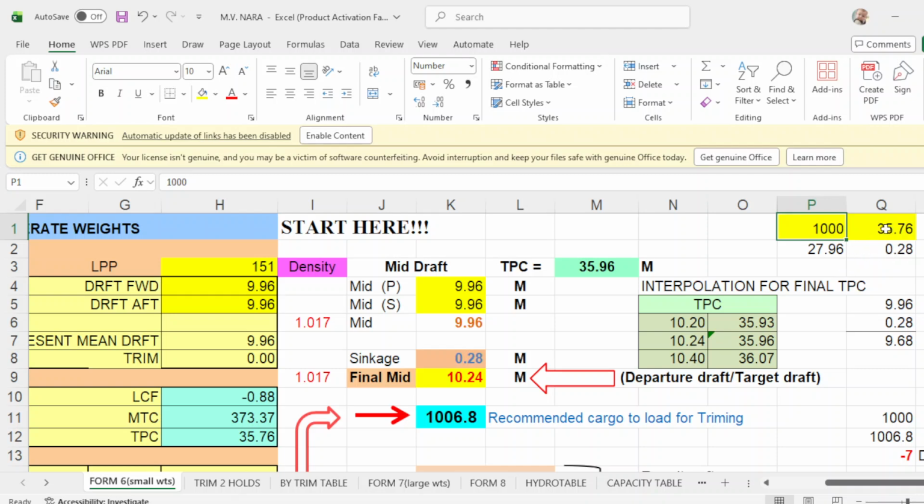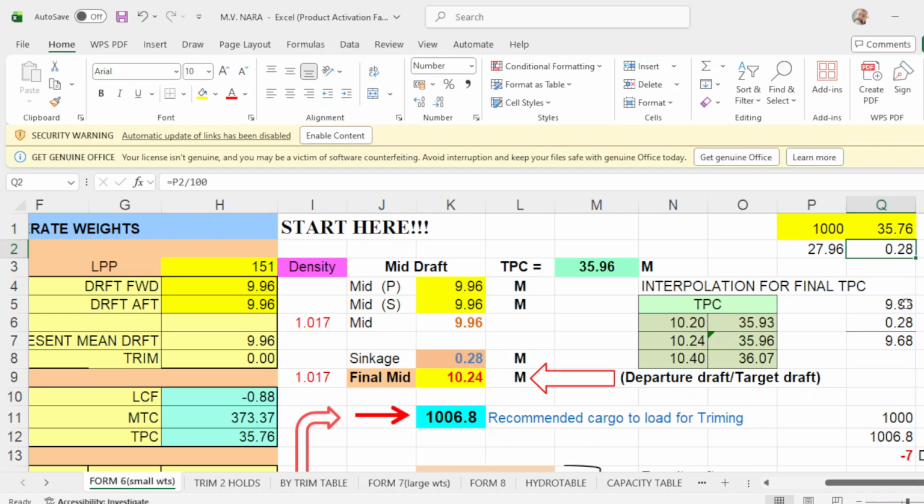So what you do here, for example, you want to know. Okay, so you take 1,000 divided by your TPC, that will be your 27 centimeters. You divide it by 100, and this is centimeters, this will be 0.28 meters.